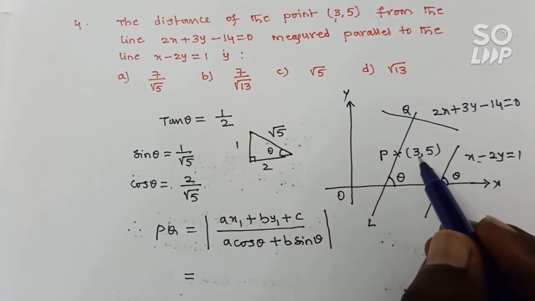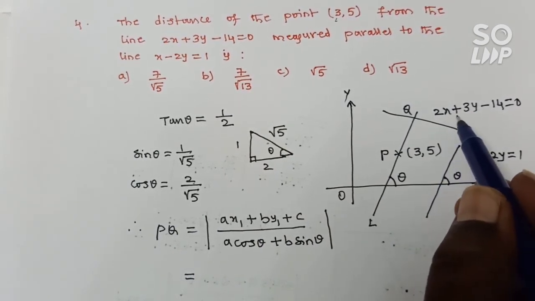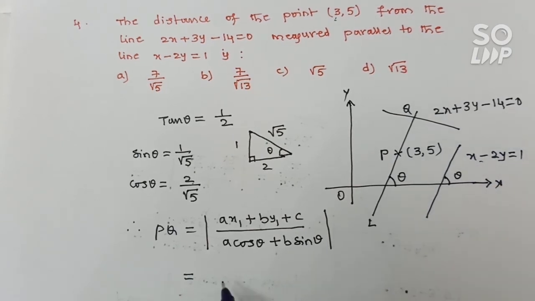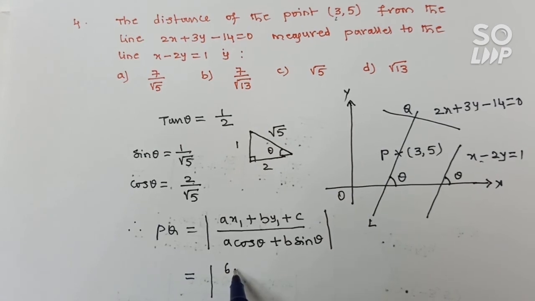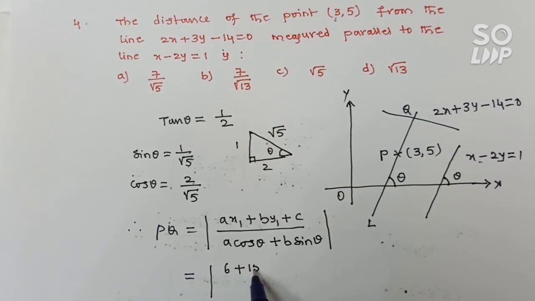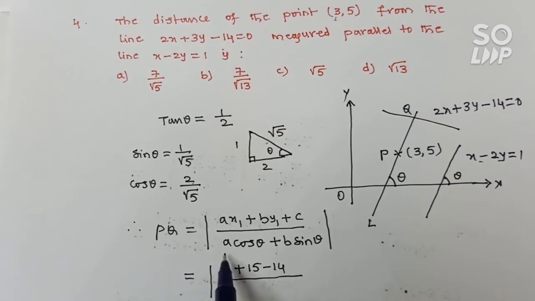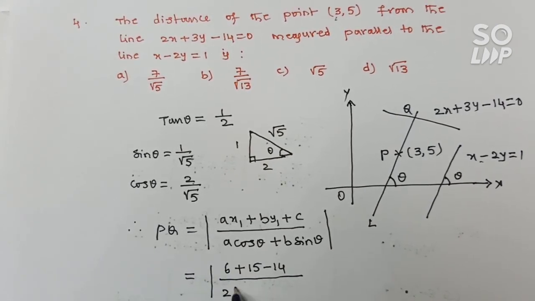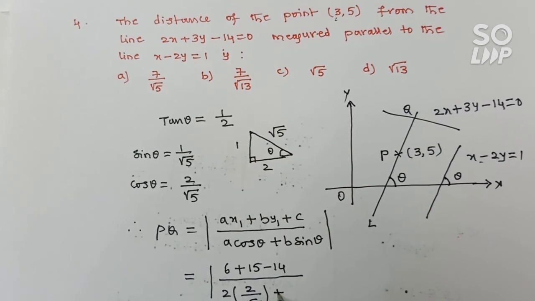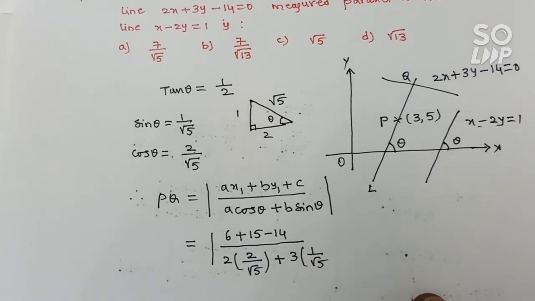The numerator is directly the point (3, 5). You substitute in 2x plus 3y minus 14. Modulus of 2 into 3 is 6, 3 into 5 is 15, minus 14, whole divided by a, that is the x coefficient 2, into cos theta, which is 2 by root 5, plus b, that is 3, into sin theta, which is 1 by root 5.